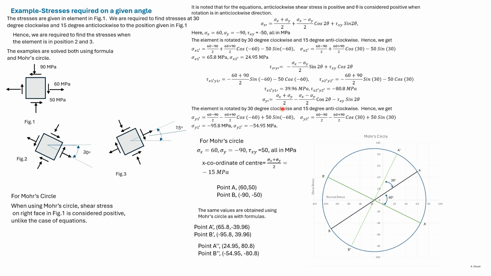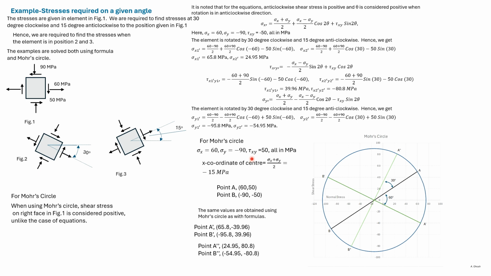Also in sigma y dash, we substitute 2 theta as minus 60 and 2 theta as 30 and get these values for sigma y dash 1 and sigma y dash 2.